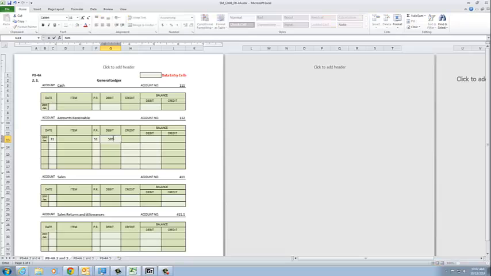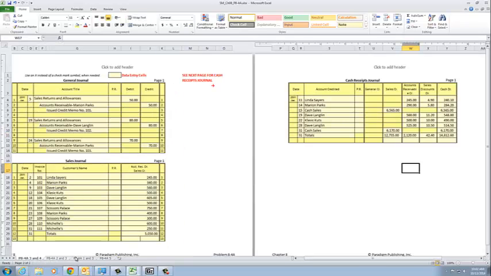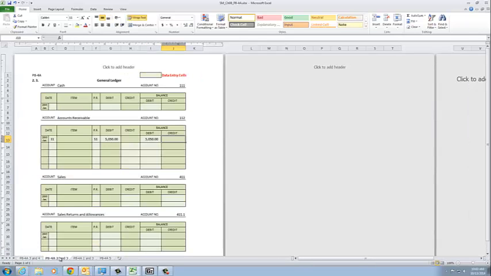The debit is for $5,050, so that gives us a $5,050 balance because we don't have an existing balance yet. The account number is 112, so I'm going to enter 112 into one of the posting reference columns.